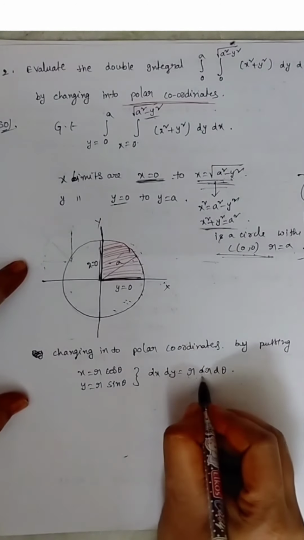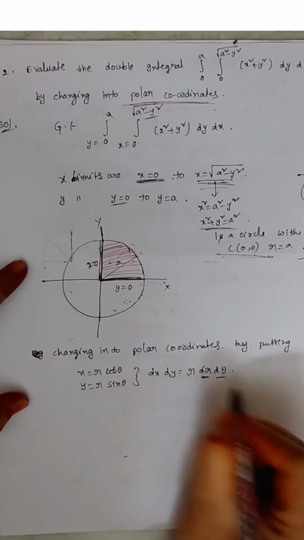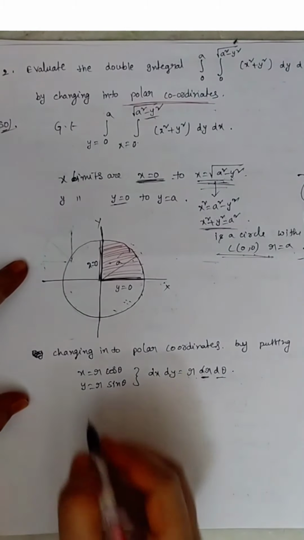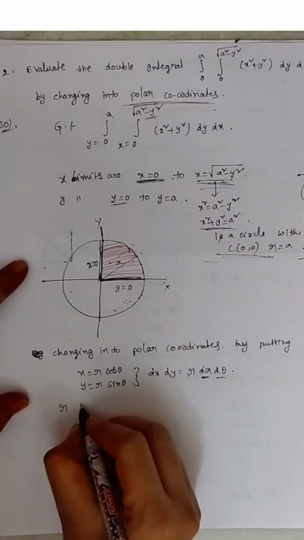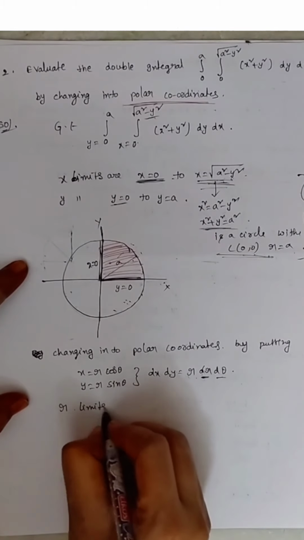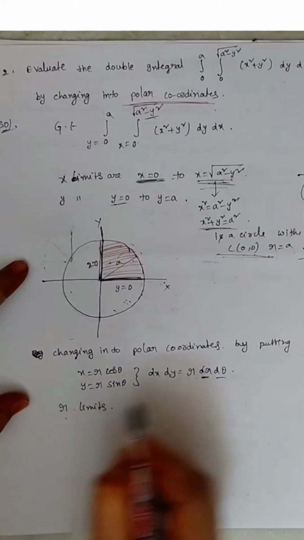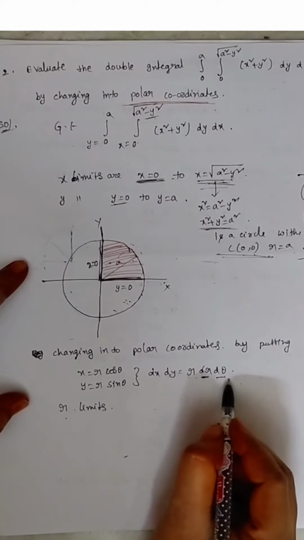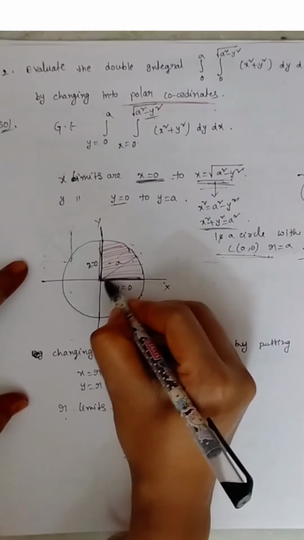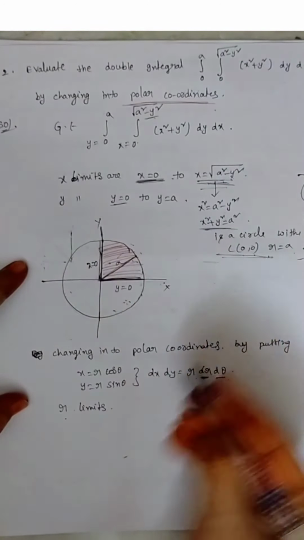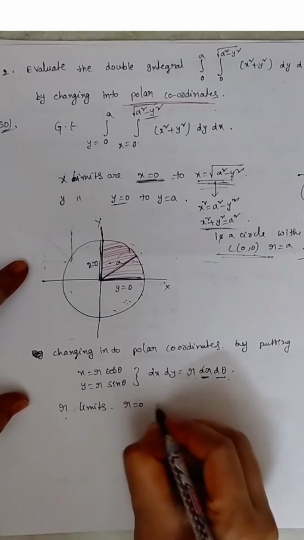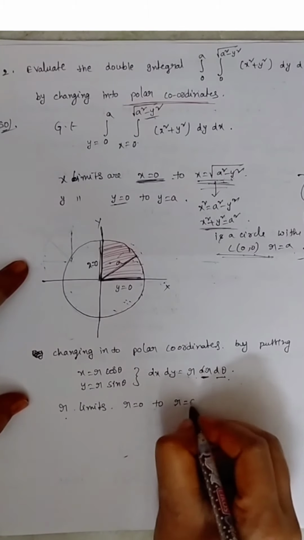So now we are going to integrate with respect to r and theta. For that, find the limits. r is nothing but radius, theta is nothing but angle. So r limits: radius is 0 to a, r equals to 0 to r equals to a.